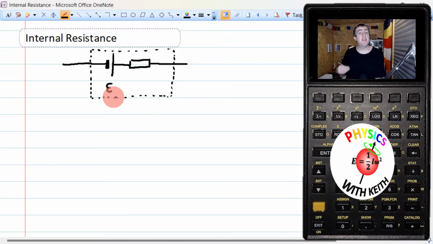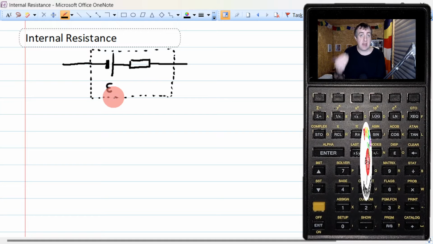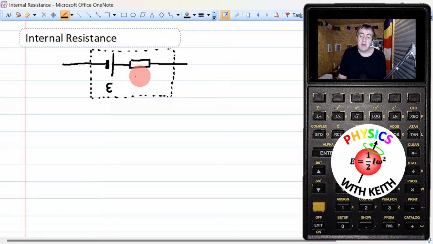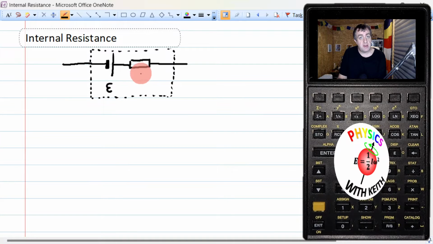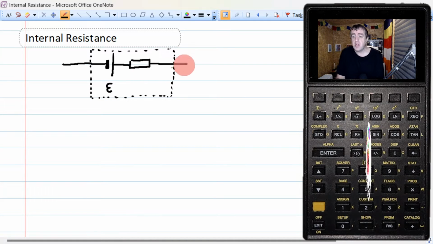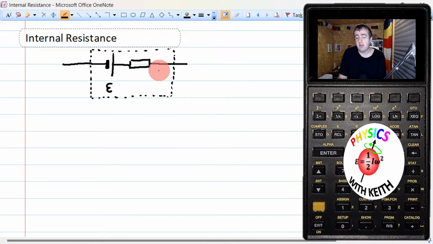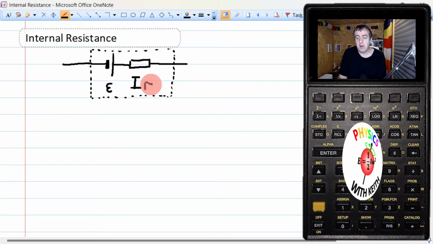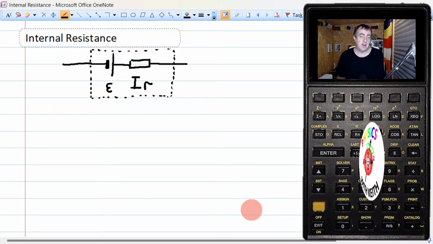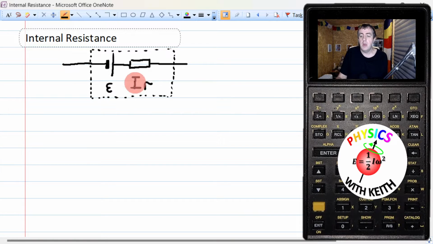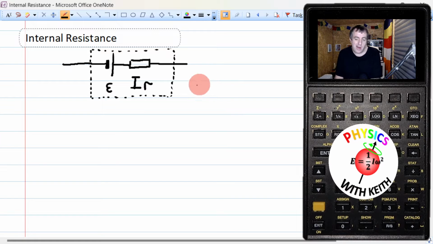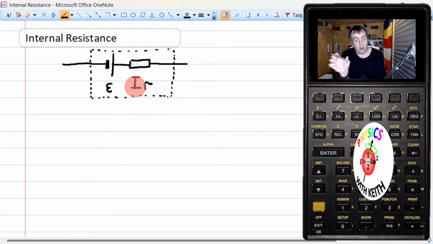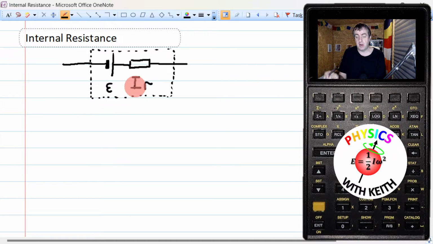Now, if epsilon is the amount of energy per unit of charge that's gained by the power supply being there, then the amount of energy per unit of charge that is lost before any charge even emerges from the power supply is going to be equal to I multiplied by the internal resistance, r. Remember, V equals IR, so this is a potential difference dropped within the power supply.